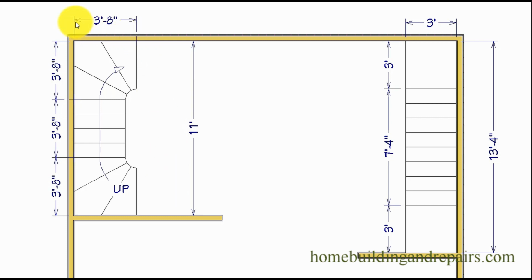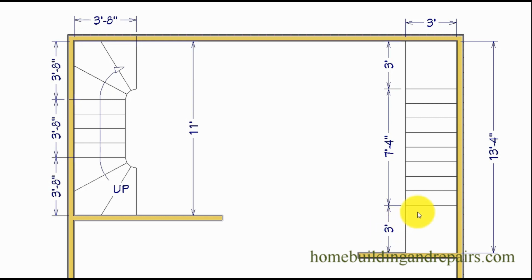So here we can see we still got the same width, and 11 foot for this versus 13 foot 4 inches. That's a 2 foot 4 inch saving, and this could make it well worth your while to build this set of stairs as opposed to this one, if you're in the same situation here.